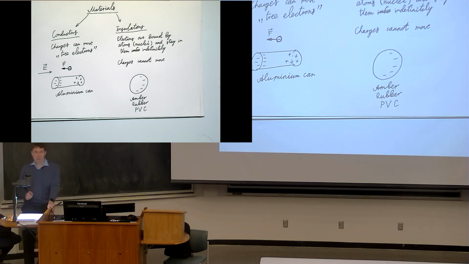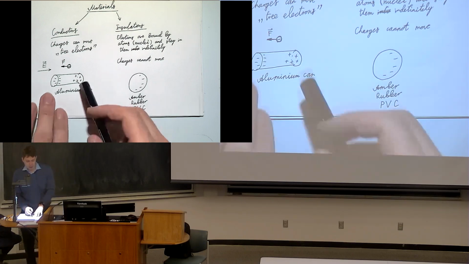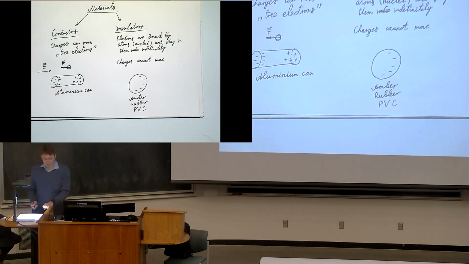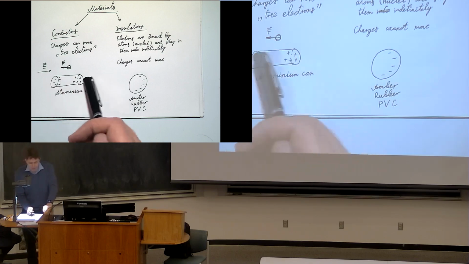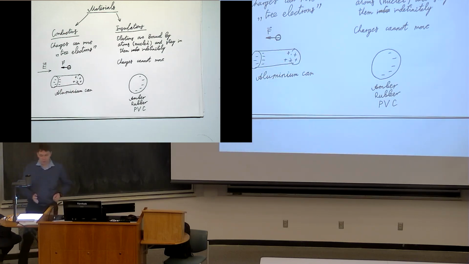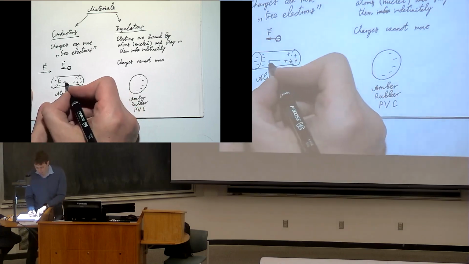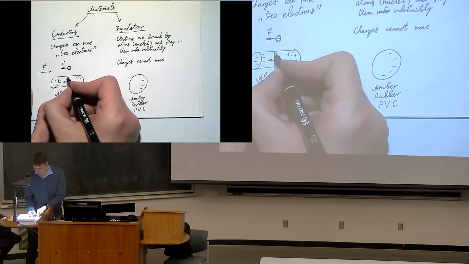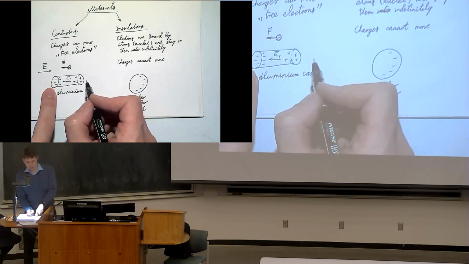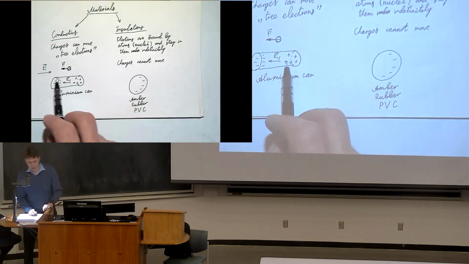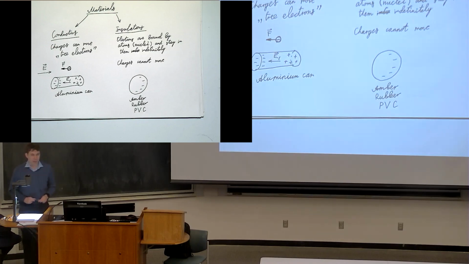I would like to emphasize that once you place a conductor in an electric field and charges get redistributed in it, because it gets charged non-uniformly, that's called an induced charge. That induced charge will create an electric field of its own, and the electric field that they create will be directed opposite to the external electric field.